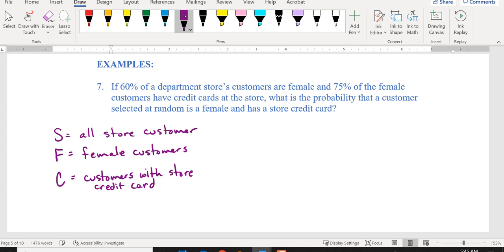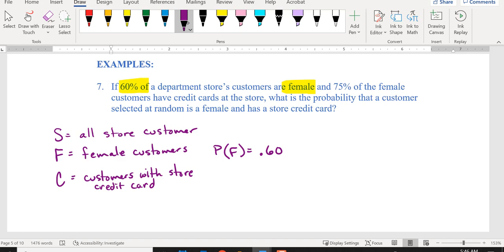Okay, it gave us some information. What did it give us? 60% of a department store's customers are female. So we know the probability of F is 0.60. All right, 75% of the female customers have credit cards.